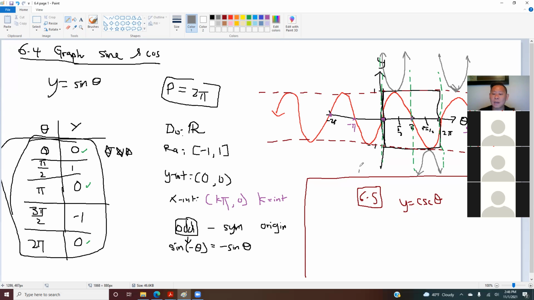So this that you see here, the little up and down sign that I draw, is your cosecant graph in this case. So in order for you to draw the cosecant graph, you need to draw the sine, and you have to give me your asymptotes, and then you do the up and down. Now, make sure that the asymptote that you draw here is completely one full hump like this, or one full hill, and one full like a valley.